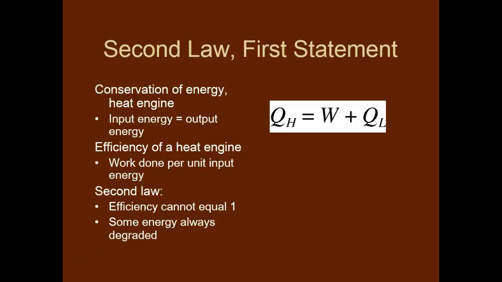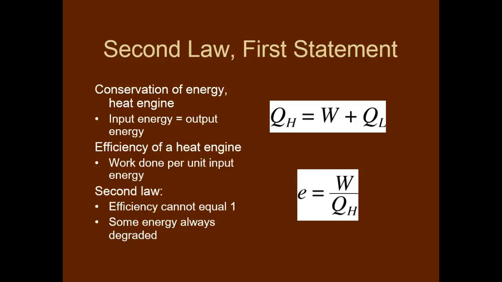Now, the formula we had before, we're leaving off that joule equivalent of heat, just count this as heat in the same units as work, joules or calories or whatever. Just have them in the same unit. What you put into the system, that's the hot side, is equal to the work you get out plus what's on the low side. And that's that same illustration we had before.